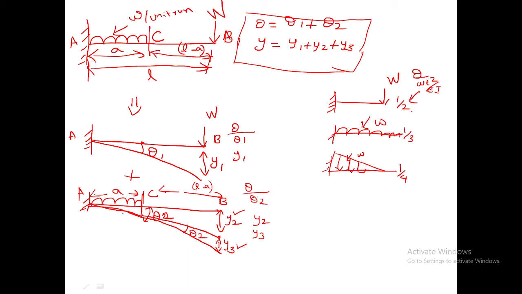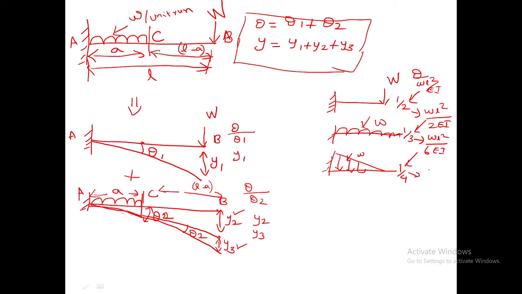Multiply with this and you get W L square divided by 2 EI, the slope of a cantilever with the end point load. For the uniformly distributed load, the slope is W L cube divided by 6 EI.